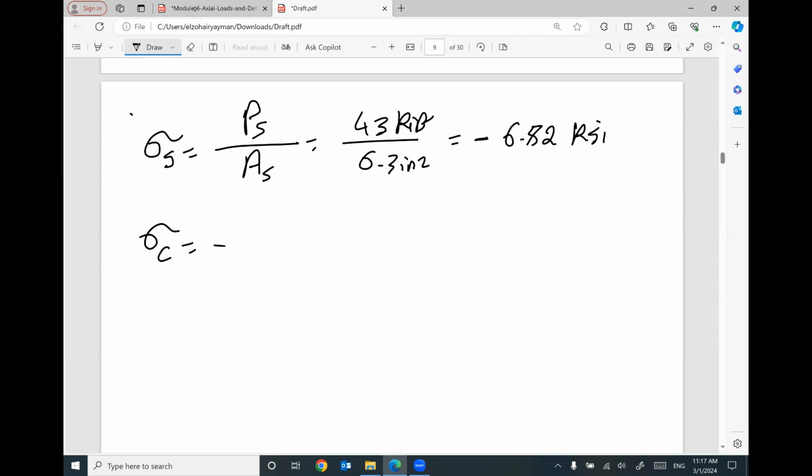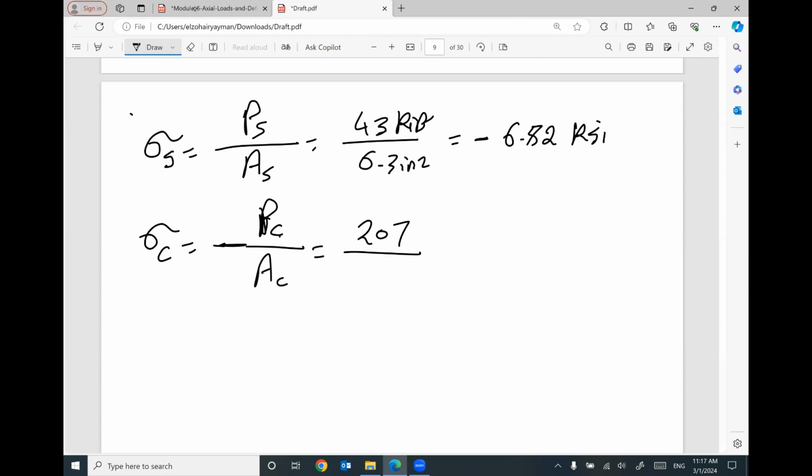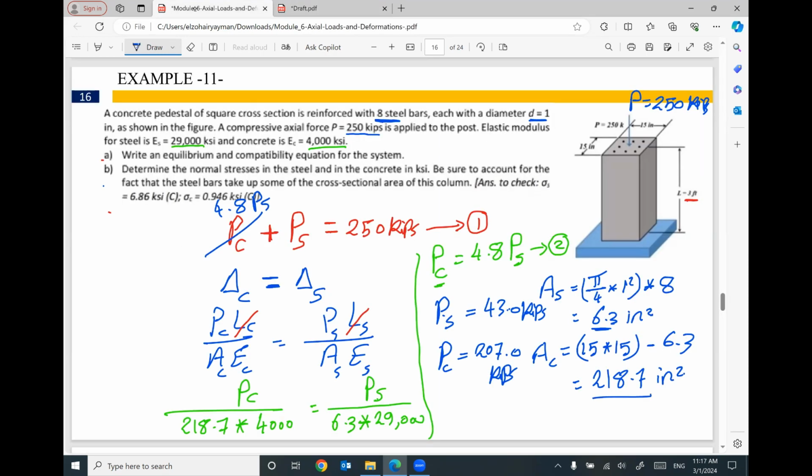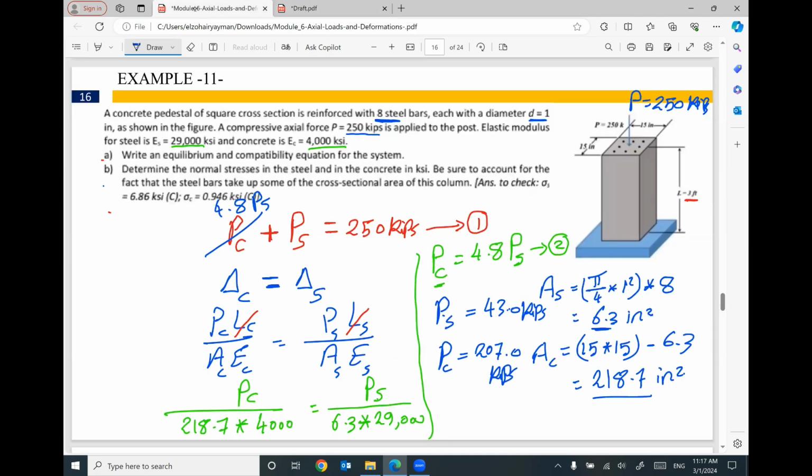Stress in concrete will equal the force supported by concrete, PC, divided by area of concrete. So this is 207 kip divided by the area of concrete, which is 218.7. This stress will be compressive, 0.95 KSI.